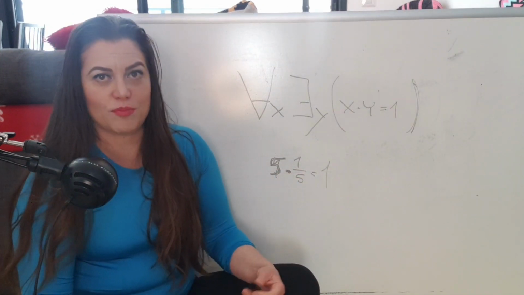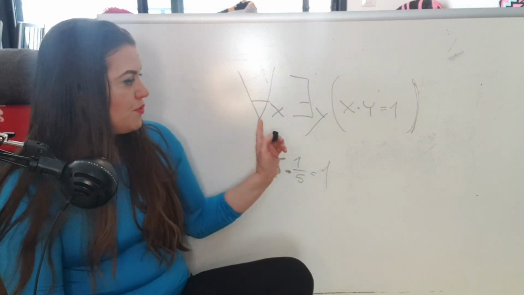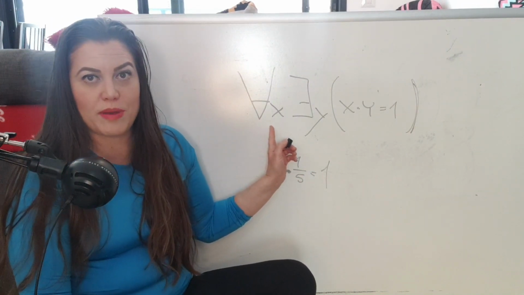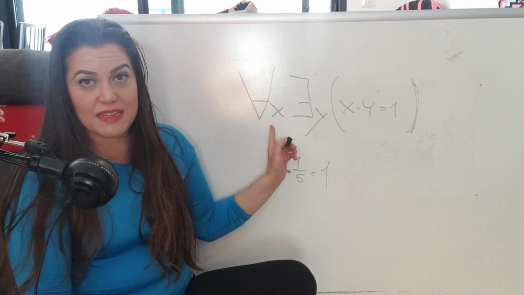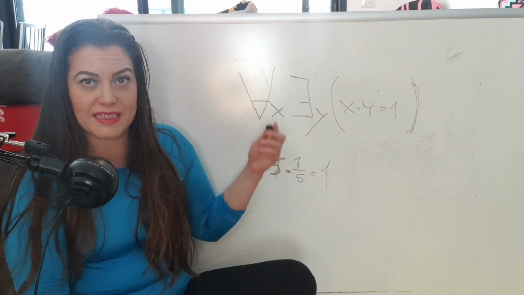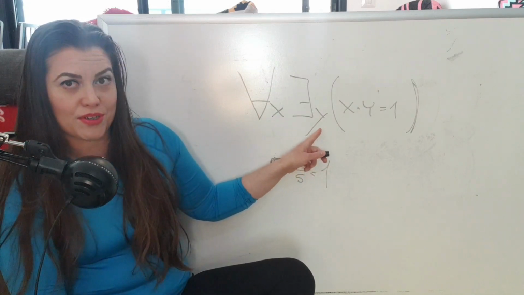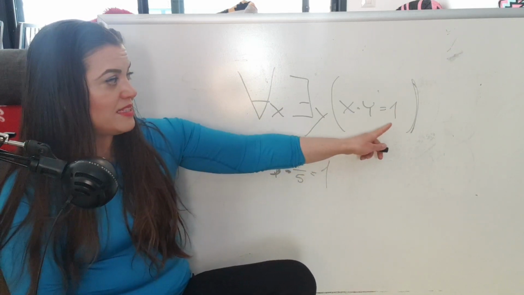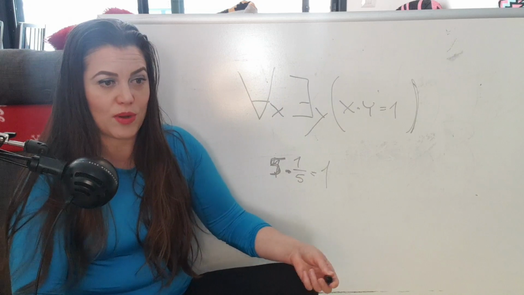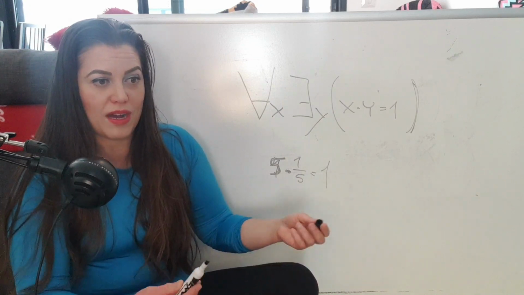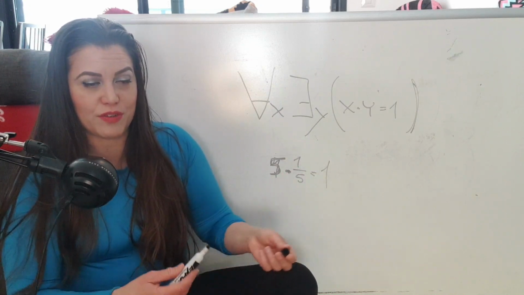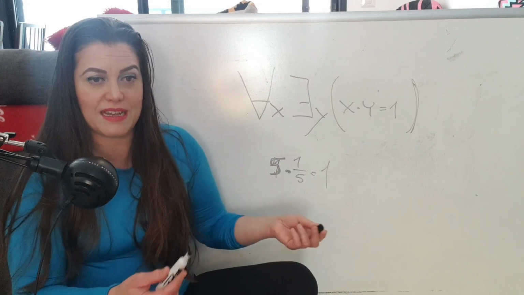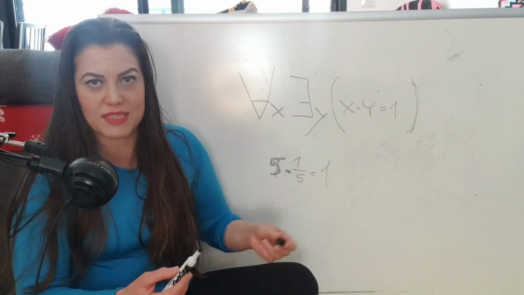And actually, no matter which number in the world I will choose, for that number there exists some number that if I will multiply them one with another, I will receive 1. If I will choose 100, then 1/100, if I will multiply those two numbers one in the other, I will receive 1.